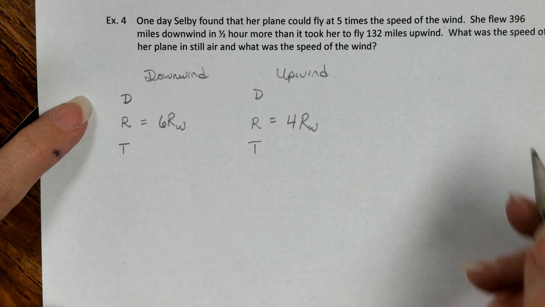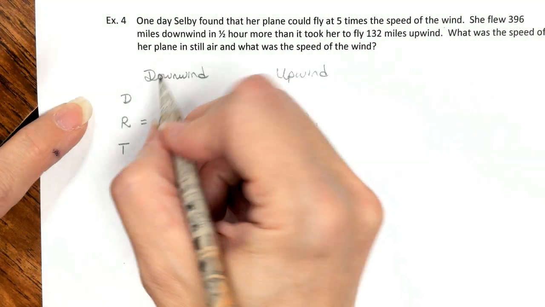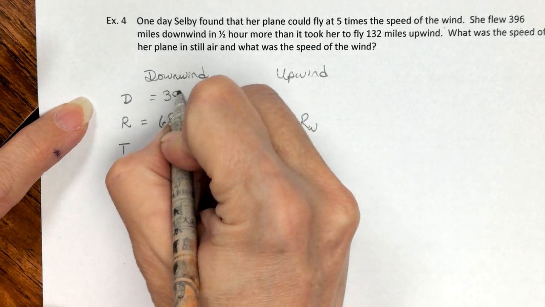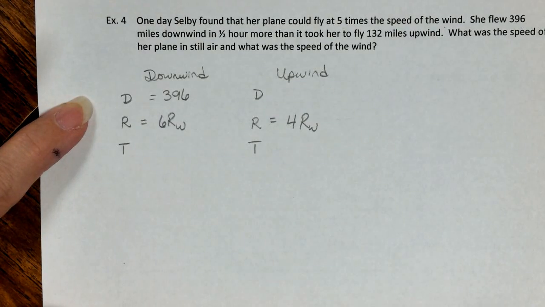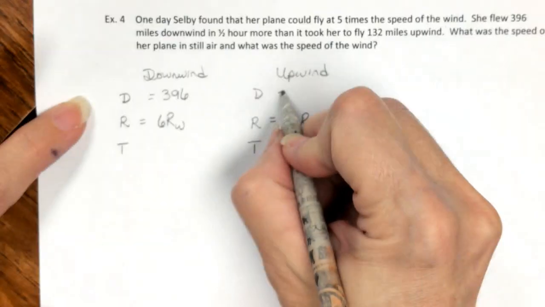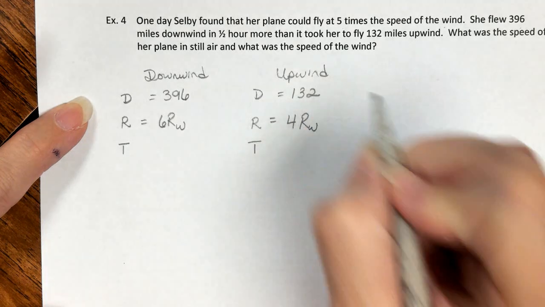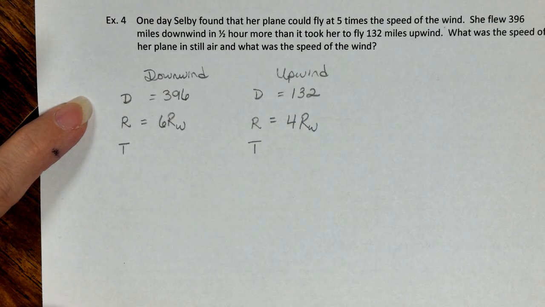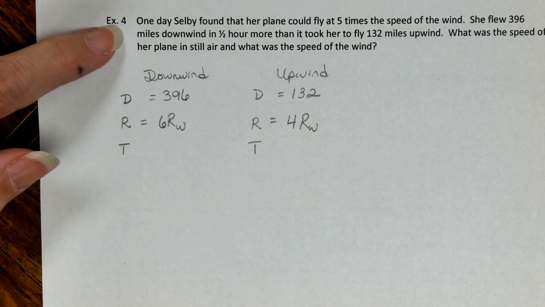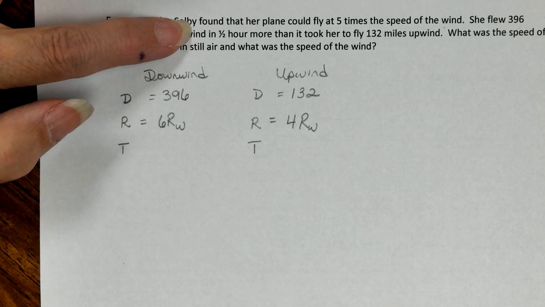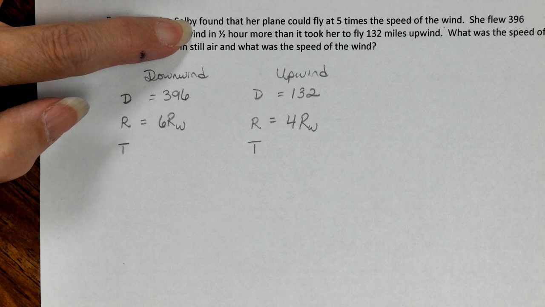Her distance downwind was 396, and upwind was 132. And let's see, she flew downwind in a half hour more than it took her to fly upwind.